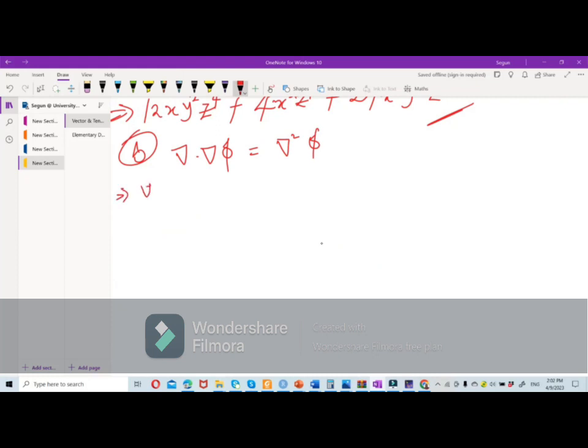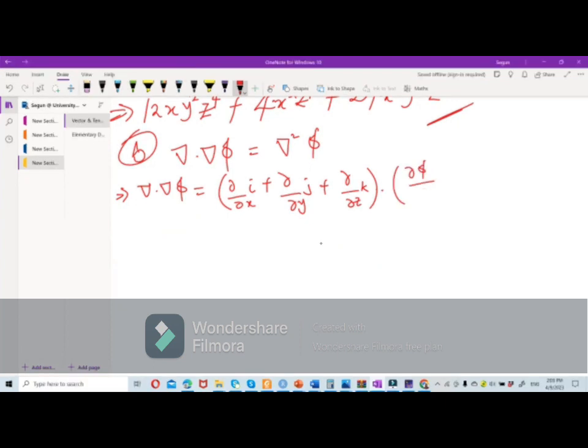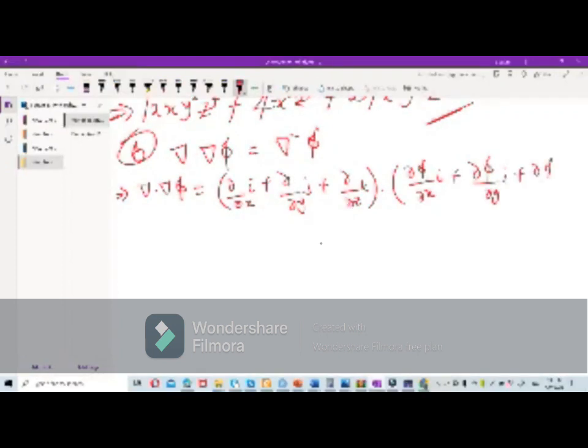Which implies it's the same thing as d/dx i plus d/dy j plus d/dz k, dotted with dphi/dx i plus dphi/dy j plus dphi/dz k.